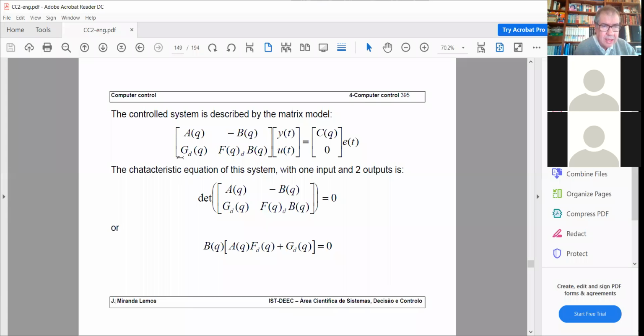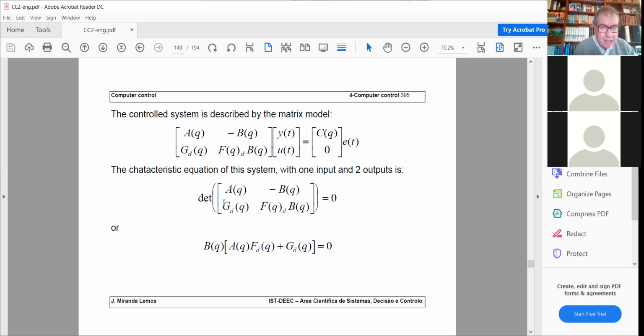Okay, that's the second line that you have here. Now, remember that these are transfer functions. So if you consider a transfer function associated to this model, you have to invert this matrix, and to invert this matrix, you have something divided by the determinant of the matrix.